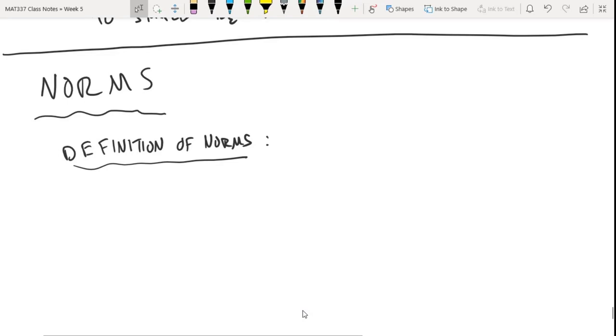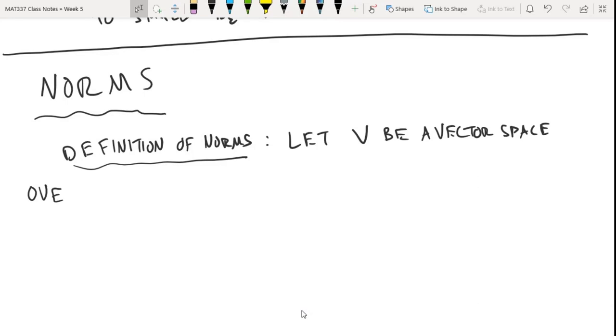So start from a vector space over R, the reals.